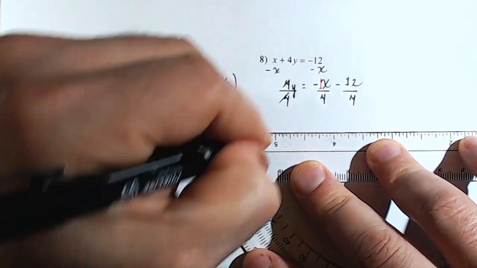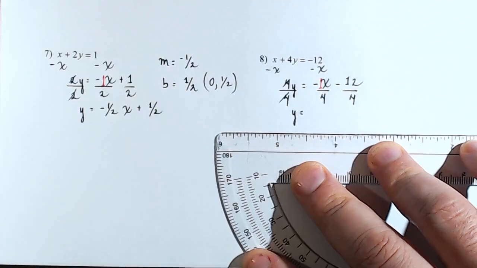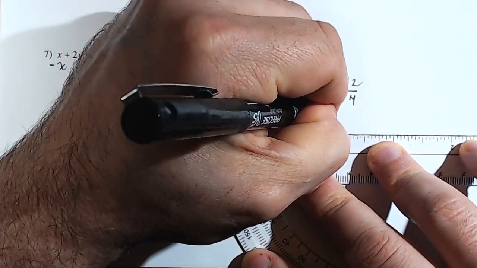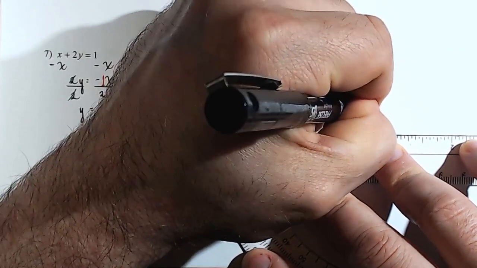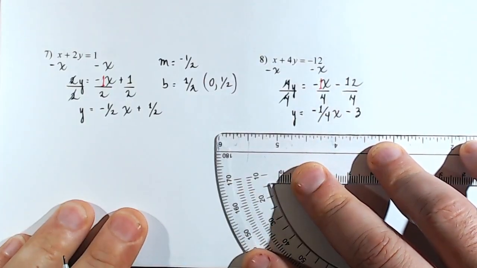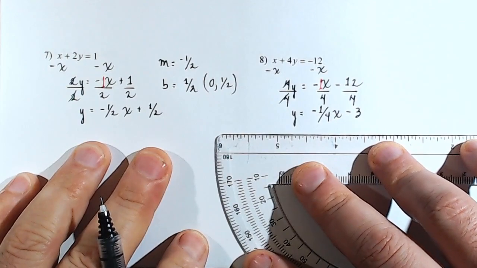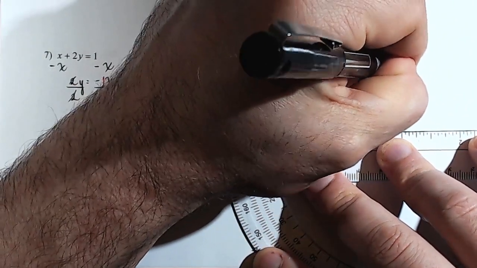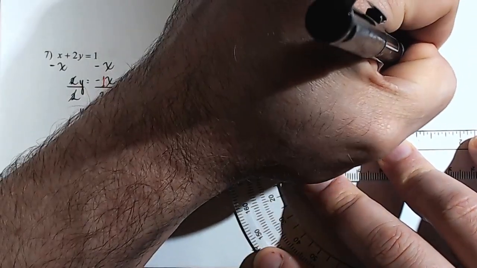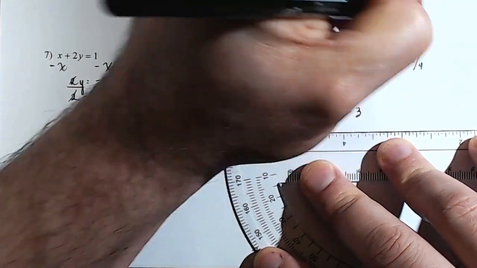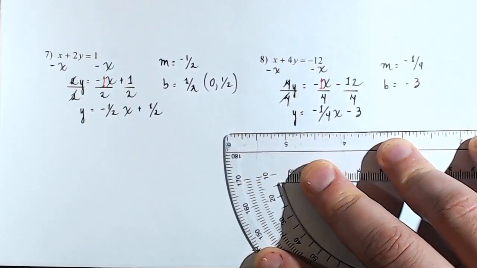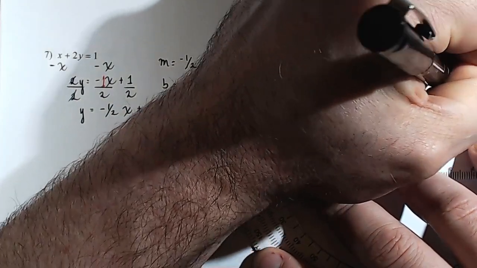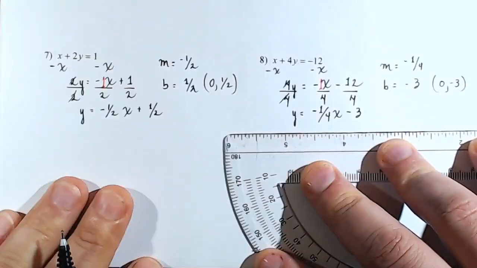Cancel out the 4's, and you got y by itself. y equals negative 1/4 x minus 3. 12 divided by 4 is 3. All right, so m equals negative 1/4 and b equals negative 3, which can be written as (0, negative 3). Okay, that's number 8.